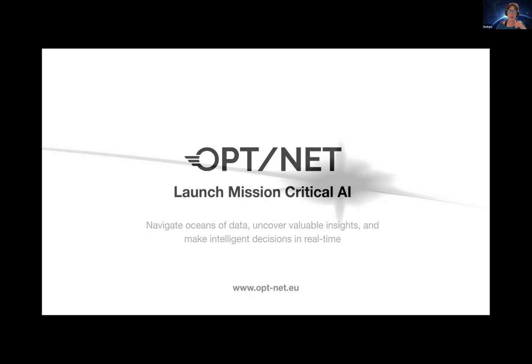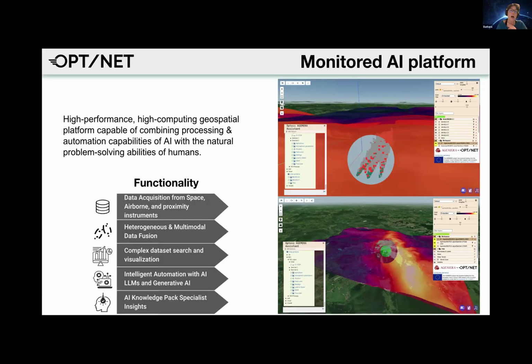So what is the Monitored AI platform? It is a high performance, high computing geospatial platform that is capable of combining the capabilities of AI and enhancing the natural problem solving abilities of humans in general.